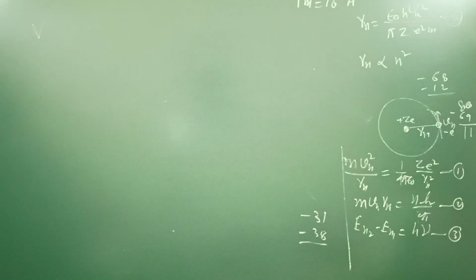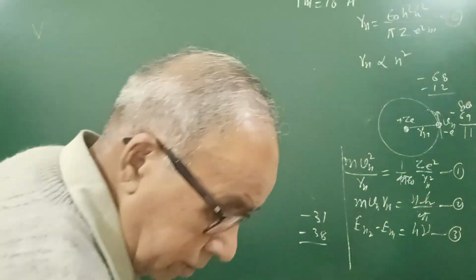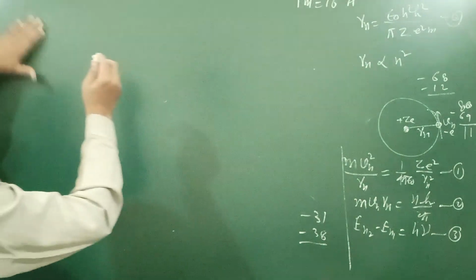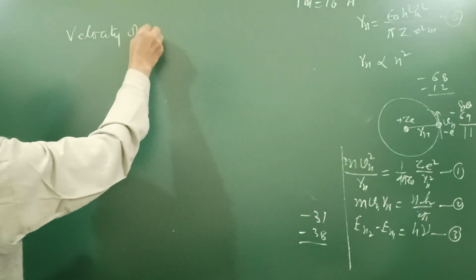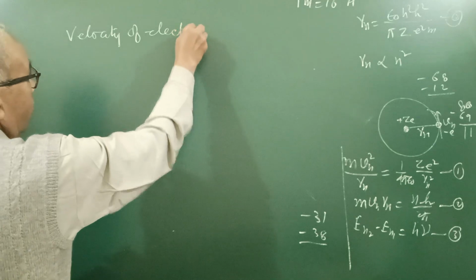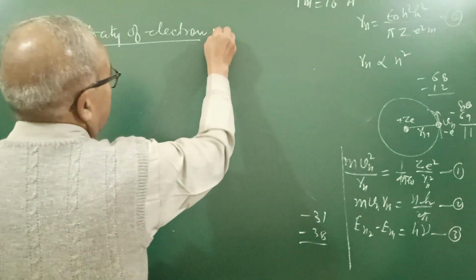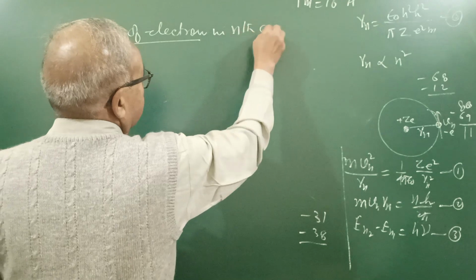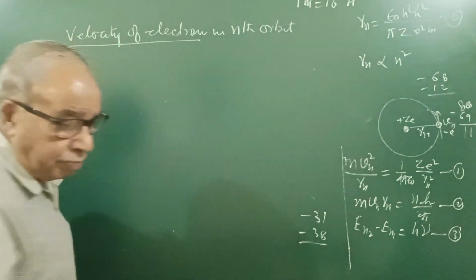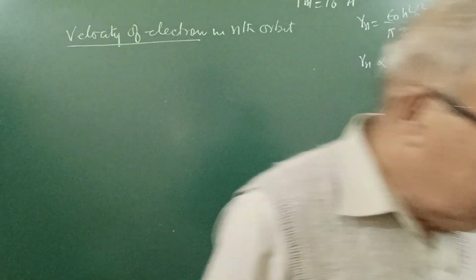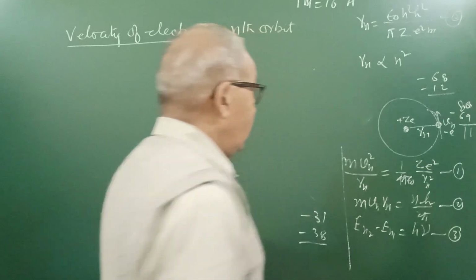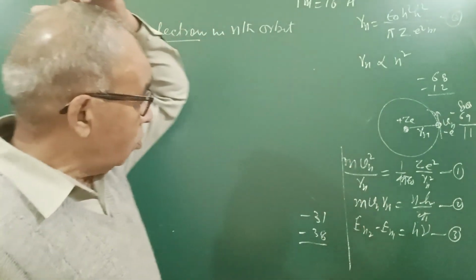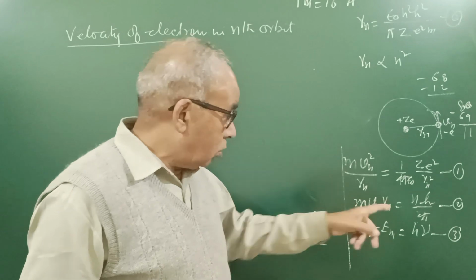Velocity of electron in nth orbit. So I told you that if we eliminate Rn from these two equations, we can get velocity. So it is simple here.